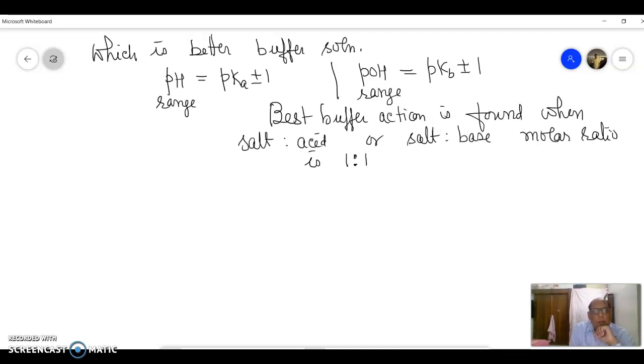Now we see that in the solution A as well as in the solution B, this molar ratio is 1 is to 1. So directly we cannot decide which of the two is a better buffer solution. Better means whose buffer index is more or whose buffer capacity is more.